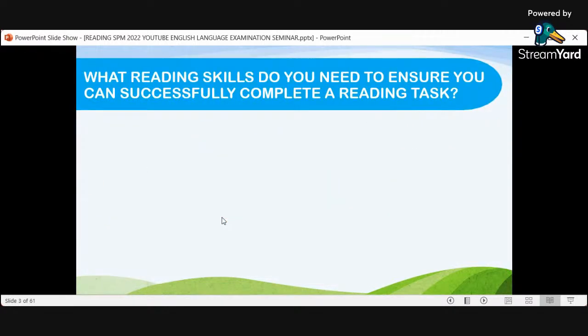So actually when you're doing the reading paper for 1119 for SPM, these are the reading skills that you need to have to be able to successfully answer the reading paper. So the skills would be reading for main ideas, which is considered skimming.